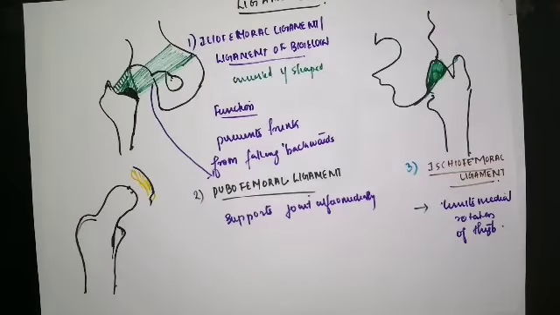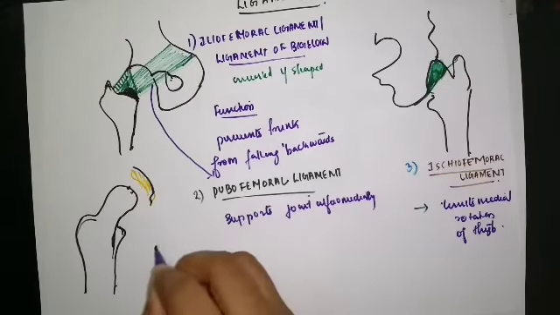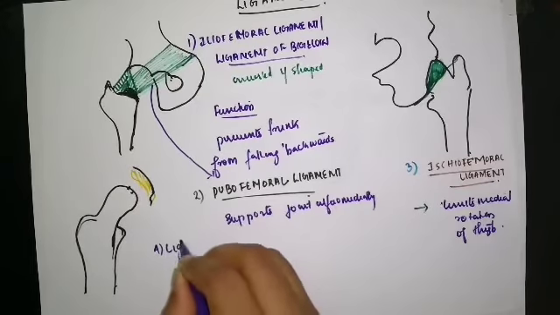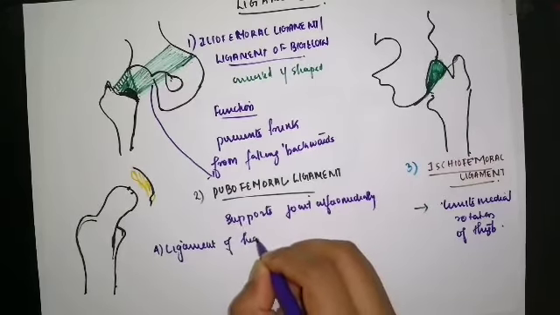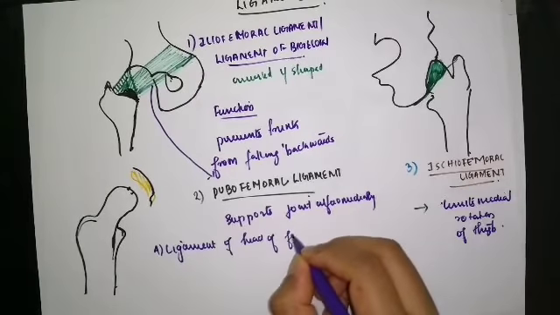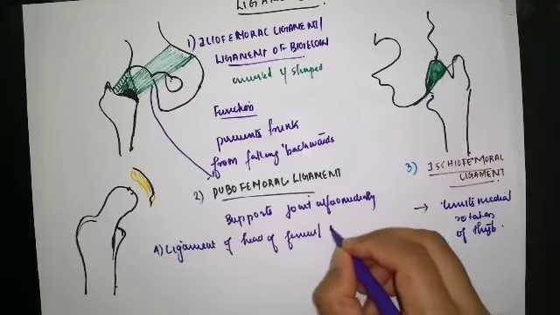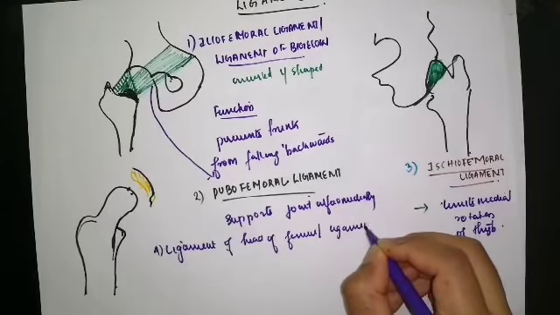So traveling across the acetabular notch, we have the transverse acetabular ligament also. Now we have another ligament which is known as the ligament of the head of femur. So that is the fourth one, that is ligament of head of femur, which is also called a ligamentum teres.